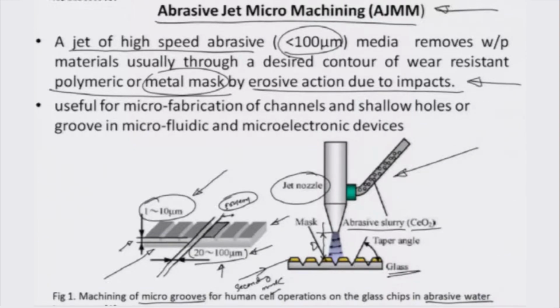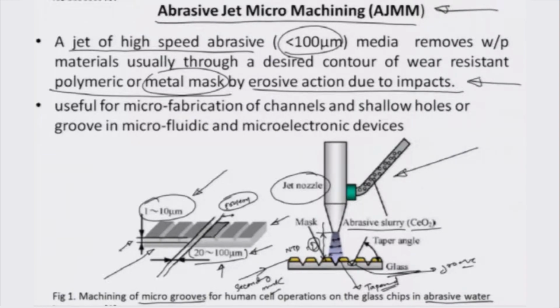This is obvious, because we have discussed previously how important this nozzle tip distance NTD equal to D is as a function of the impact that the abrasive jet would create on the surface. Here one important aspect is that because the mask itself is made in a tapered manner, you can see that the mask is highly tapered. Therefore, the groove which is eventually being made on the glass, by virtue of this tapered form of the mask, is also tapered.